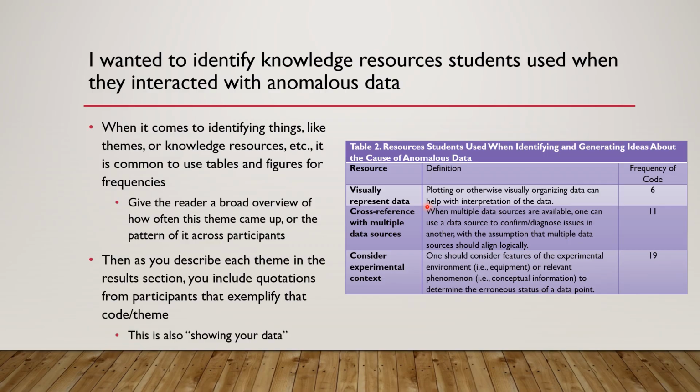I give you the definition, but what we do in qualitative research, especially when we're doing this kind of identification of codes or themes, is we then describe each theme in detail. Usually, if it's not a subhead itself, it'll be a paragraph within a section, whatever makes sense for what the researchers are presenting, how much they have to present.